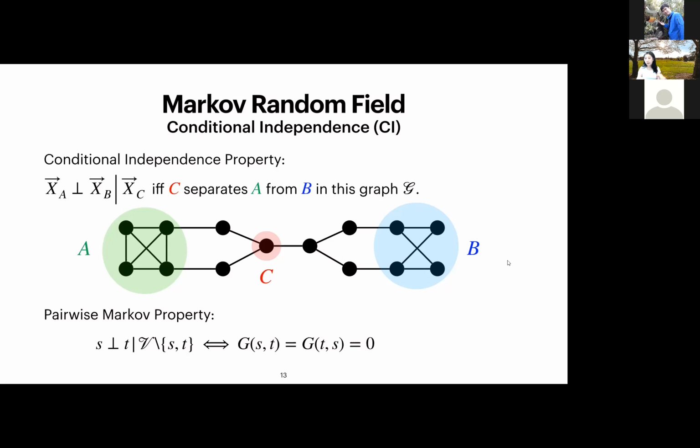I hope this is clear in order to understand conditional independence in Markov random fields. Unfortunately, I don't have time to give you a lot of very intuitive examples, but I think these two properties are hopefully obvious enough for us to understand this conditional independence.